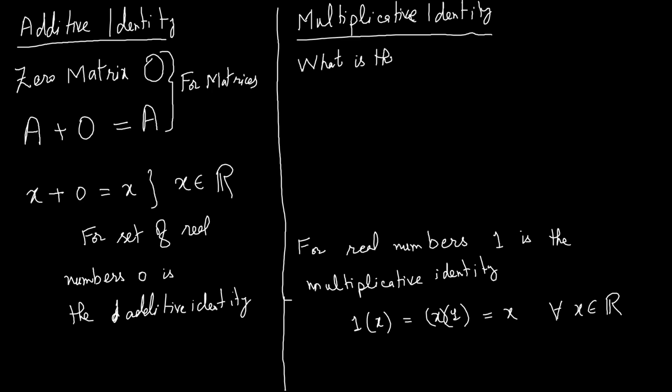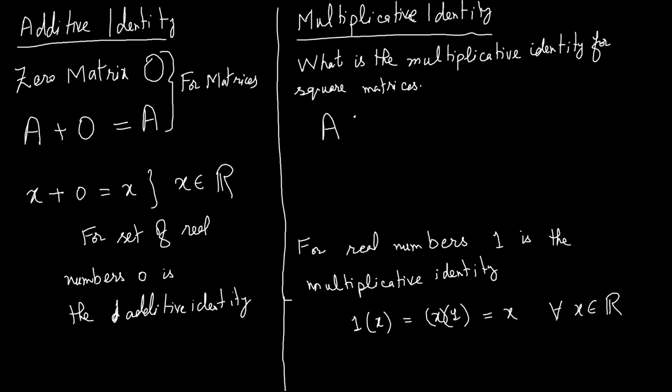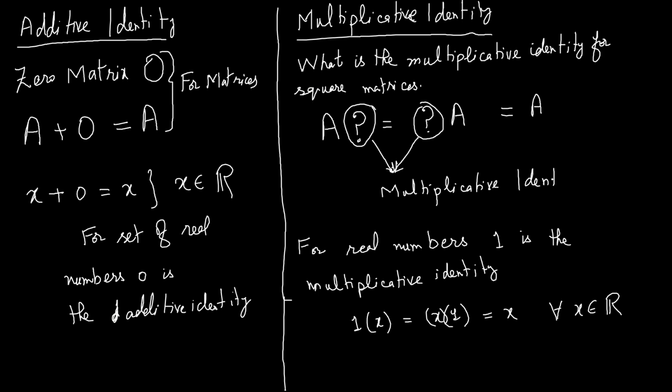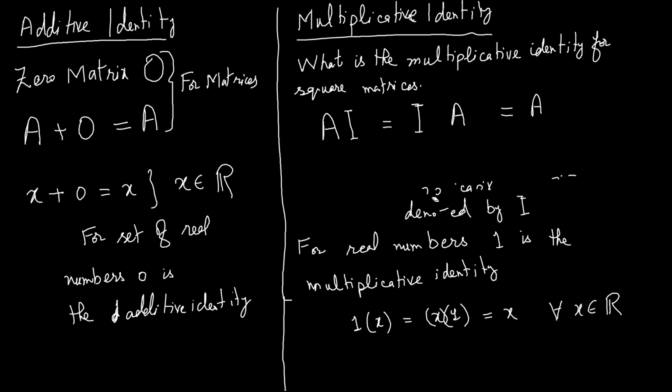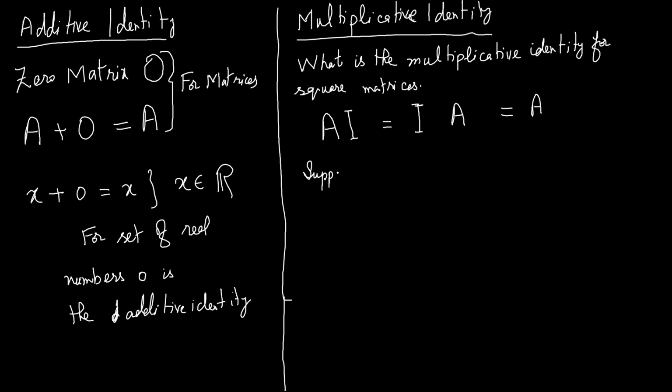So what is the multiplicative identity for set of square matrices? What matrix should we place at this question mark so that the product results in the same matrix A? This is the definition of the multiplicative identity. The multiplicative identity is denoted by the capital letter I. Suppose A equal to a_ij is a square matrix of order n rows and n columns.